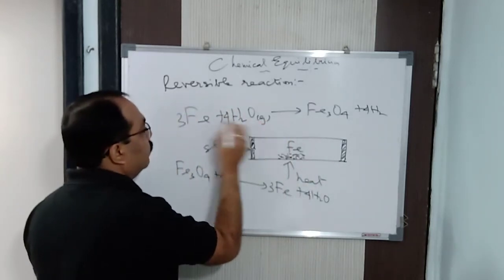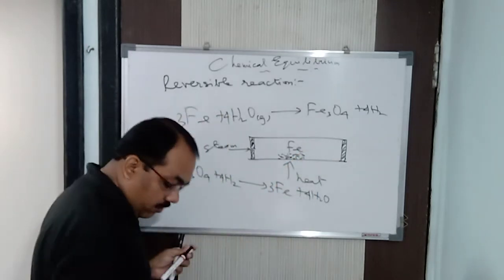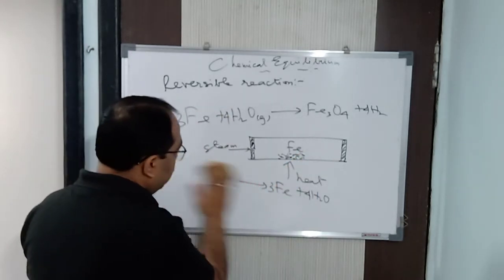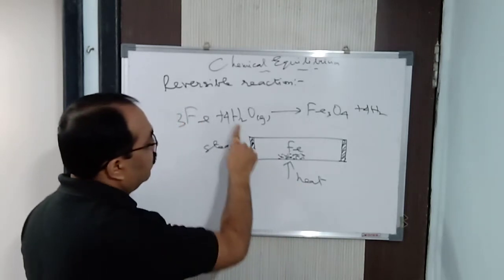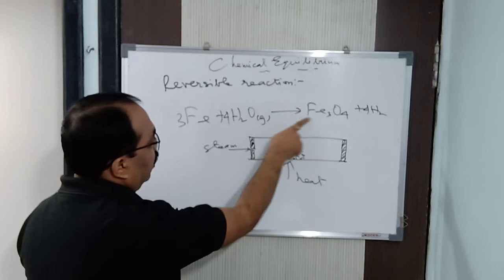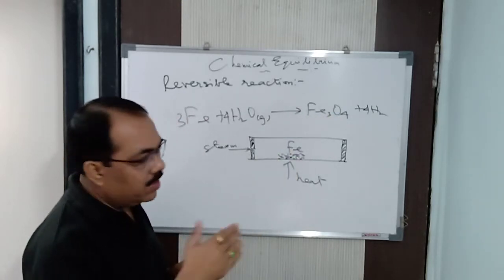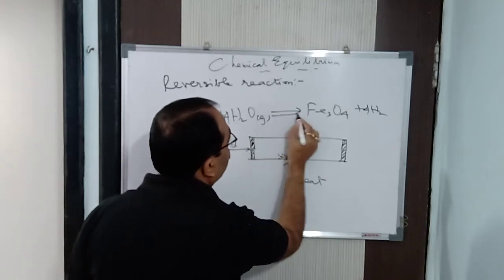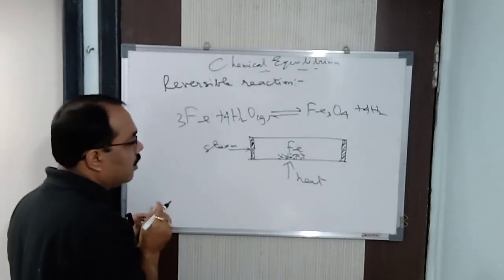You are passing steam, and you have closed here. When you have closed here, the above reaction is going to take place. Steam, when passed through heated iron, forms Fe3O4 and H2. After some time, this reaction attains equilibrium. Now it's a closed reaction.